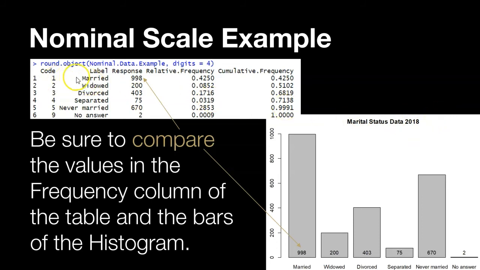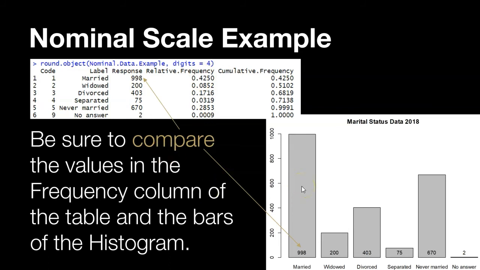Note that code 1 corresponds with married, 2 widowed, 3 divorced, 4 separated, 5 never married, and 9 is no answer. We can count the number of responses in each of these categories, and also, with respect to how many responses we got, calculate a relative frequency to look at the proportions in each category.